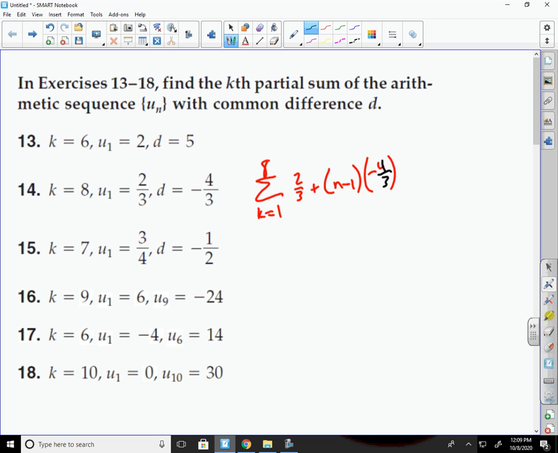Now plug the 8 in. U sub 8 equals 2/3 plus, it's going to be 7 times 4 over 3. 7 times 4 is 28 over 3. And a 2. It gives me 30 over 3, which is 10.